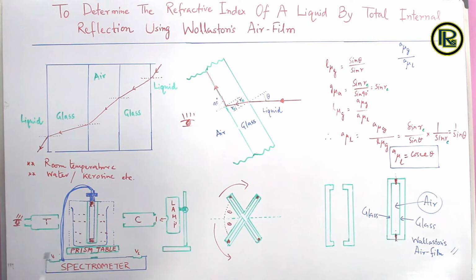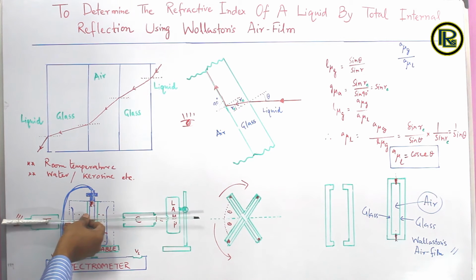So initially we have to take the value of V1 and V2 when this is kept perpendicular to the line joining telescope, collimator and the lamp.